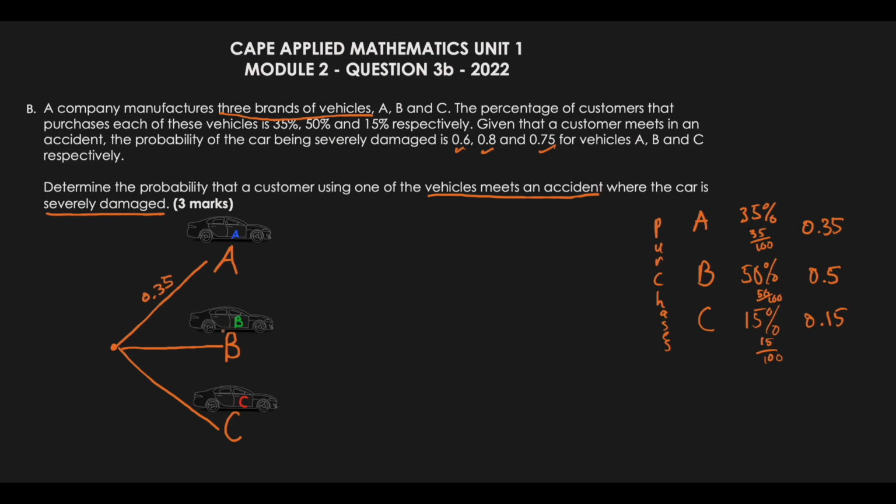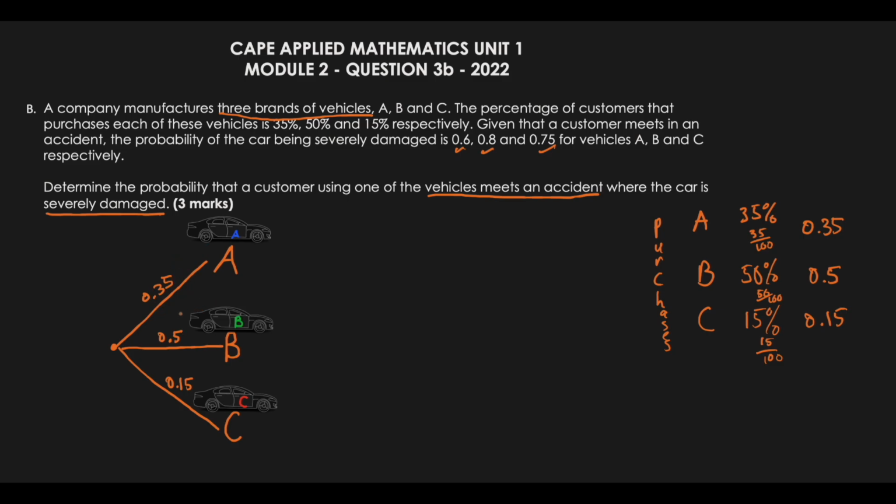The probability of purchasing vehicle B would be 0.5. And the probability of purchasing C would be 0.15. Based on this question, I'm assuming that they already purchased the car. Given that they already purchased the car is why I'm only looking at the perspective of them purchasing the car, which is this probability here. This is why I'm setting it up like this, and not having the probability of them purchasing versus them not purchasing.